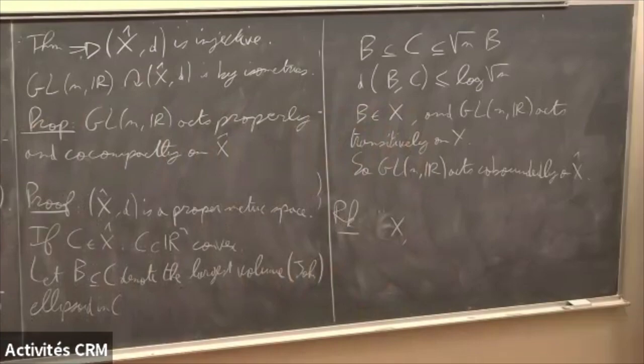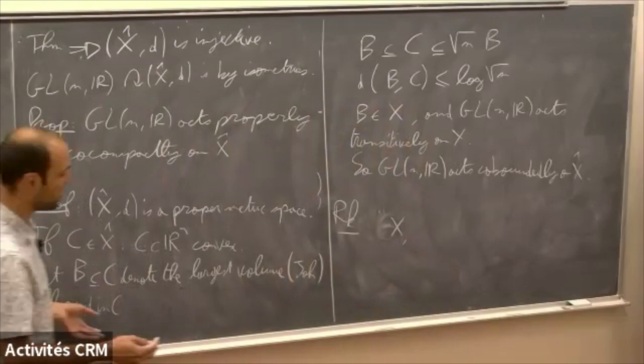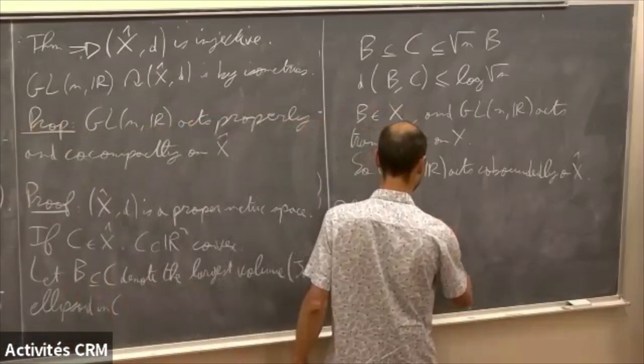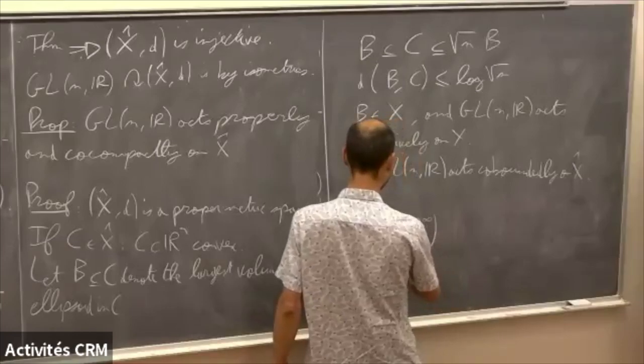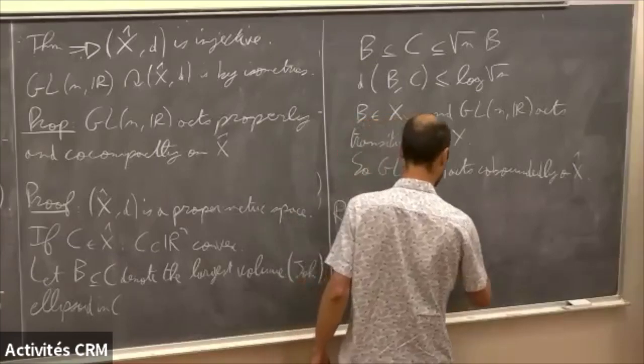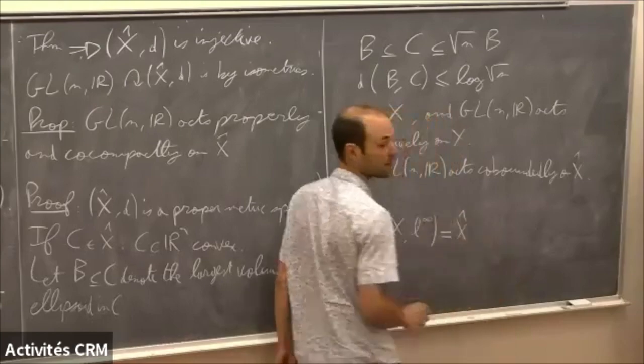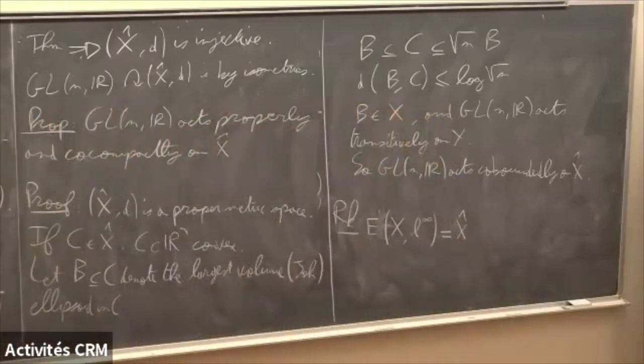And the usual metric is taking the L2 metric on Rn. Well, if you take here the standard L infinity metric on Rn, and if you look at the injective hull of this space, this is exactly X hat. Okay, so the injective hull of the symmetric space with the L infinity metric is the space of all convex bodies.